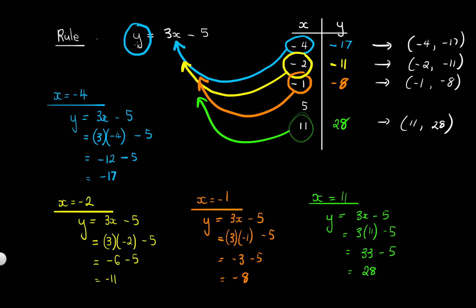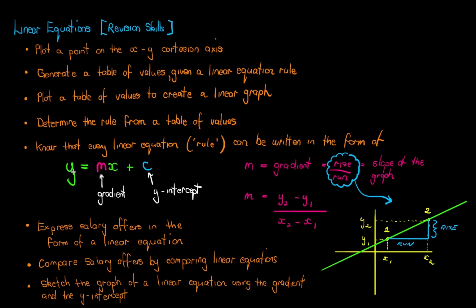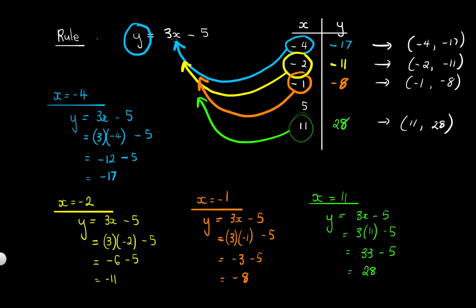Now remember, this is a linear equation. Remember, the number in front of the x is the gradient, which we call m. So remember, it's y equals mx plus c. The number in front of the x is the gradient, which is the slope of the graph, and the number on the end is called the y-intercept. So there's our gradient of 3, and there's our y-intercept of -5.